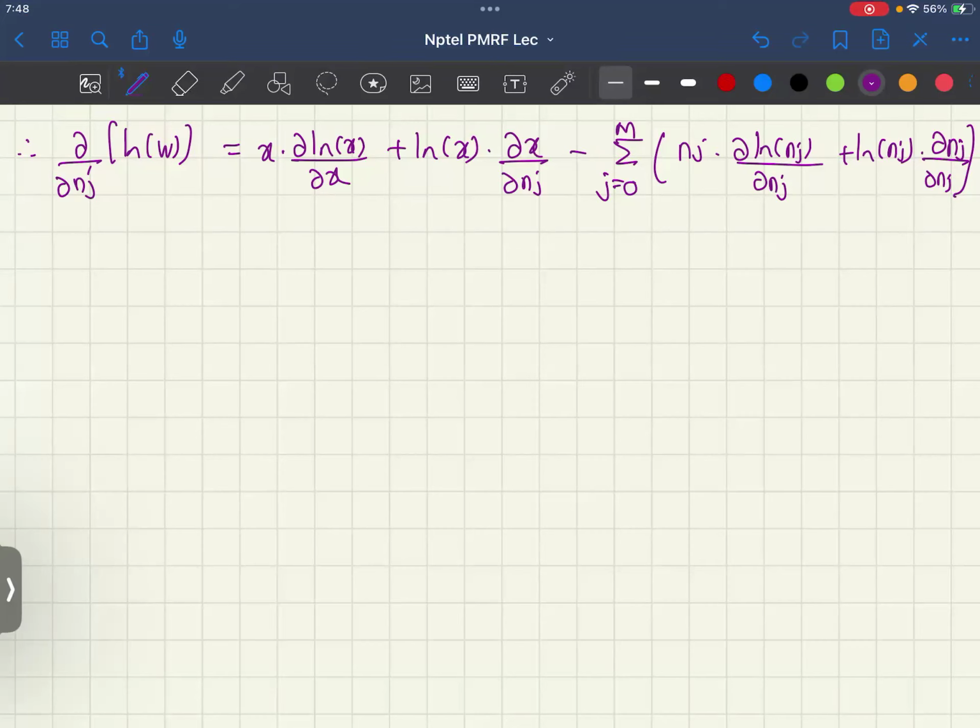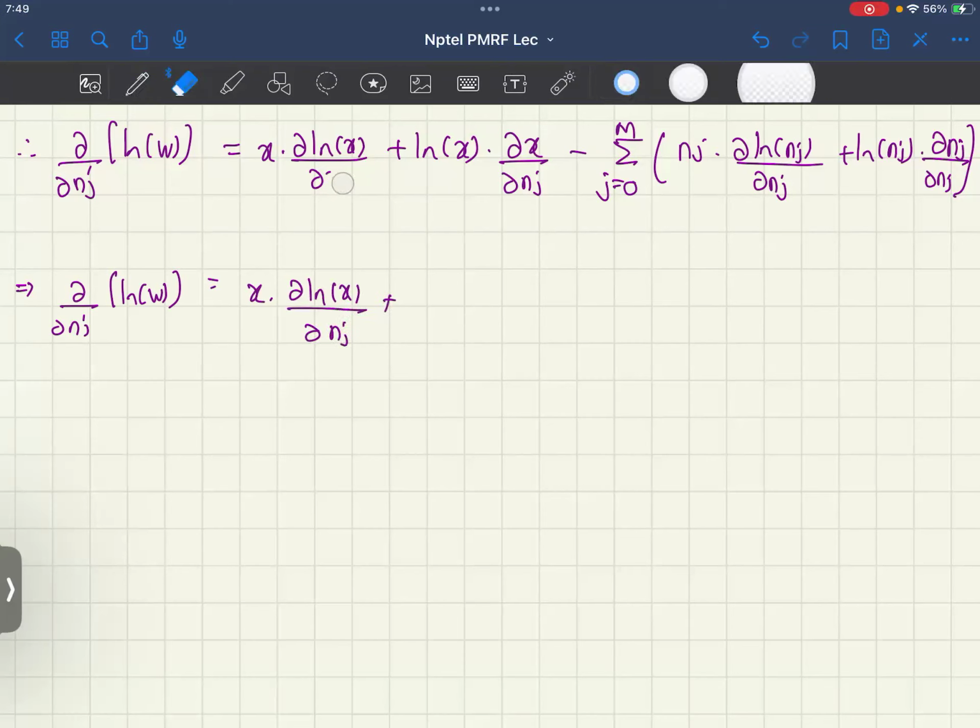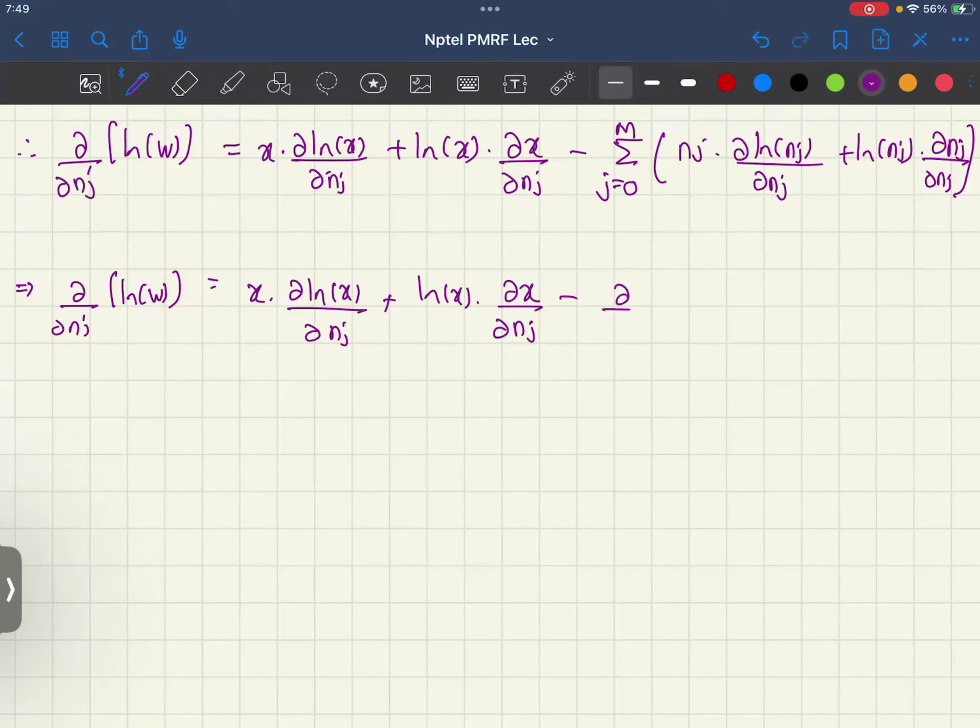This means that dou by dou nj of ln omega is going to be nothing but x into dou ln x by dou nj plus ln of x into dou x by dou nj minus dou by dou nj of n0 ln n0 plus nj ln nj plus nm ln nm. Right?